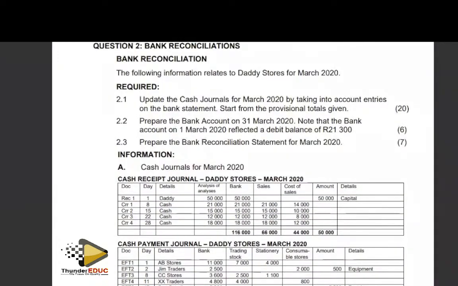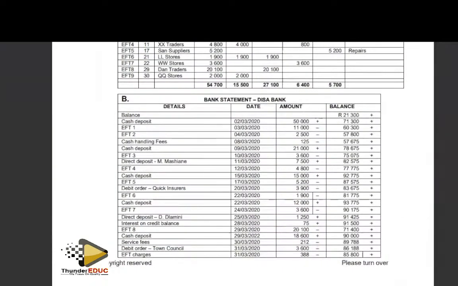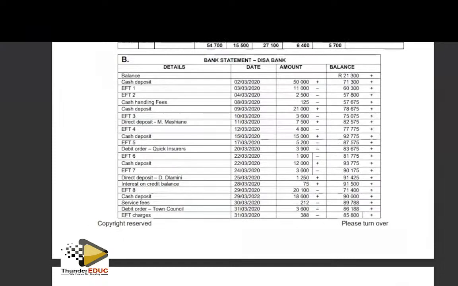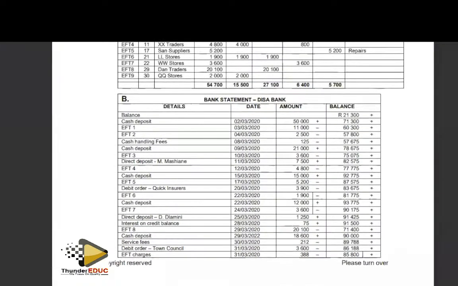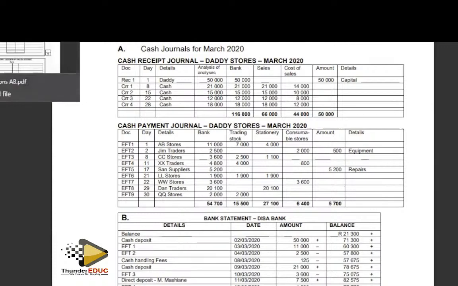Let me see quickly. There was a mistake here, we shall deal with it. That is 11,000. I'm going to change it because we are supposed to start with 116,000. That's the amount we have to start with, not 11,000.